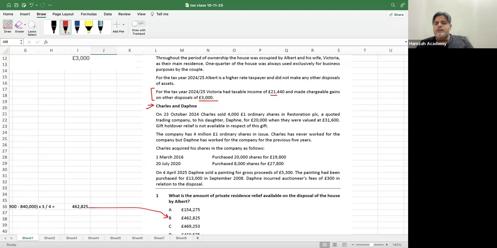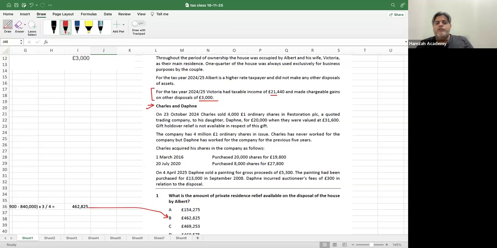Charles has never worked for the company, but definitely has worked for the company for the previous 5 years. Charles acquired his shares in the company as well as on 1st March. He purchased 20,000 shares. And then on 20th July 2020, he purchased further shares for 27,800.